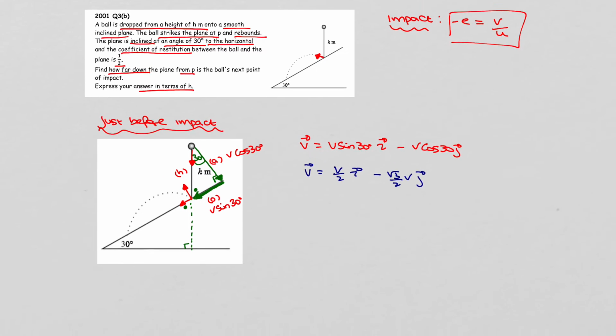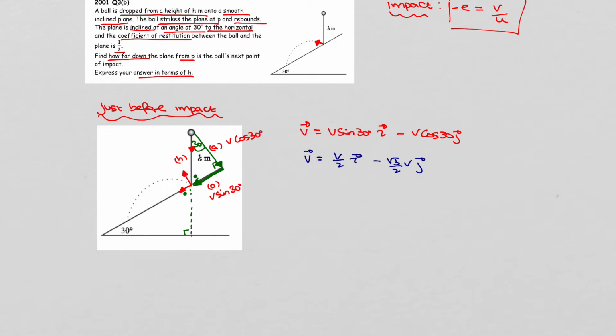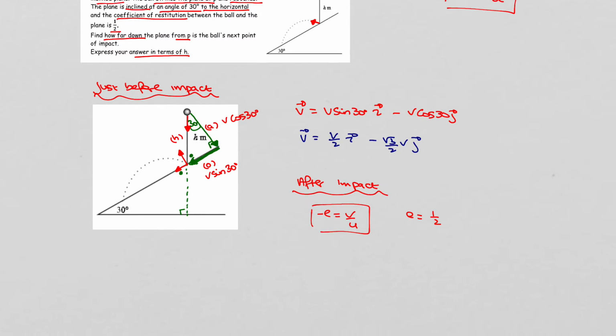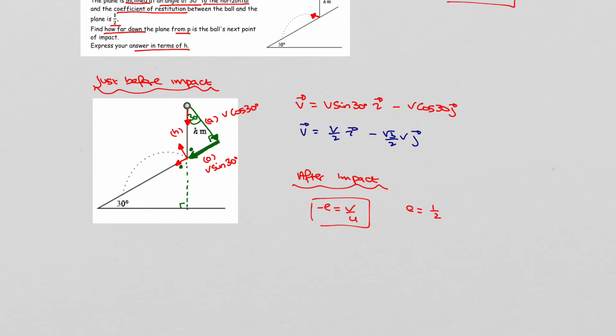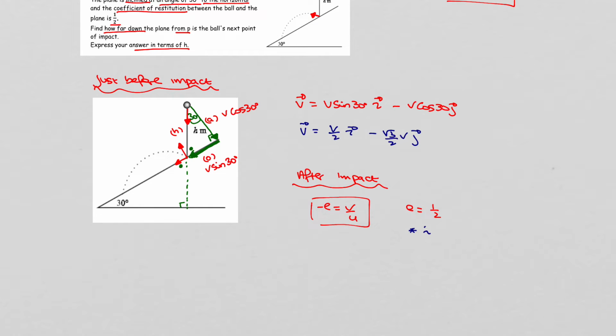After impact, minus e must equal the new velocity over the old velocity, and we were told the coefficient of restitution was a half. There's no change in the i direction, so i is conserved, and we're only interested in the j vector here.